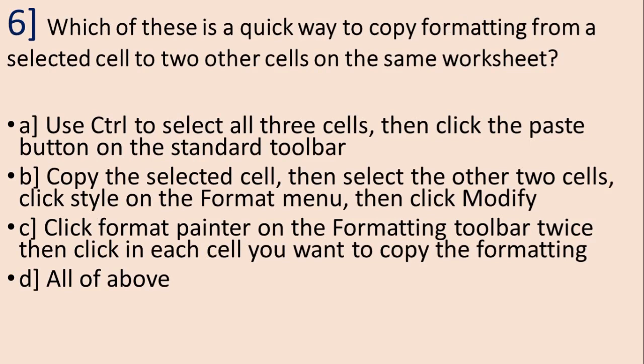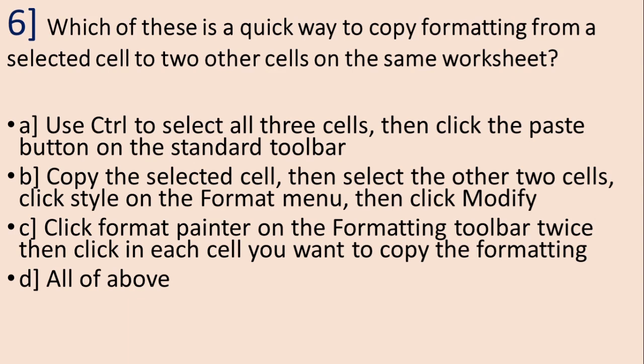Question number 6. Which of these is a quick way to copy formatting from a selected cell to two other cells on the same worksheet? Option A is use Control to select all three cells, then click the paste button on the standard toolbar. Option B, copy the selected cell, then select the other two cells, click Style on the Format menu, then click Modify.